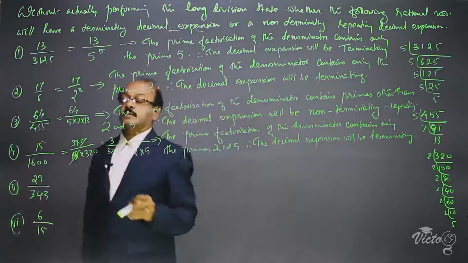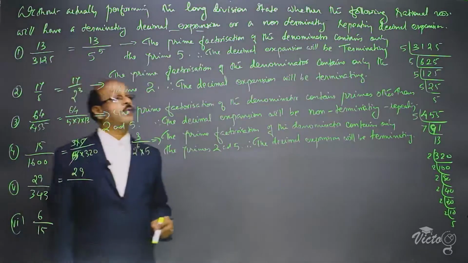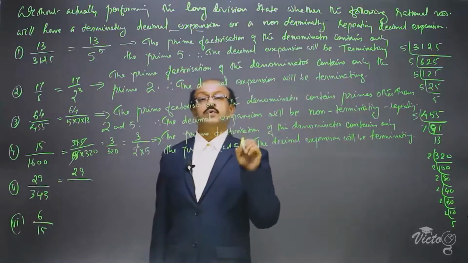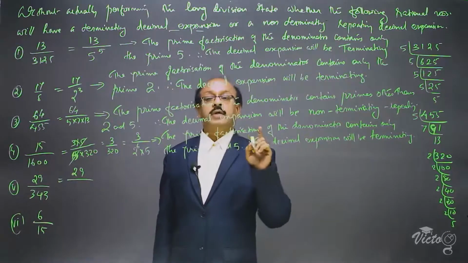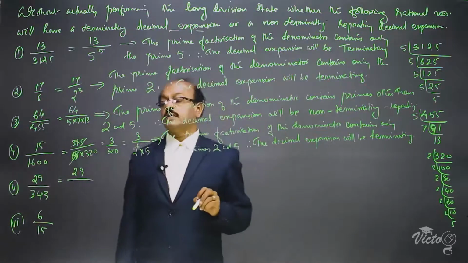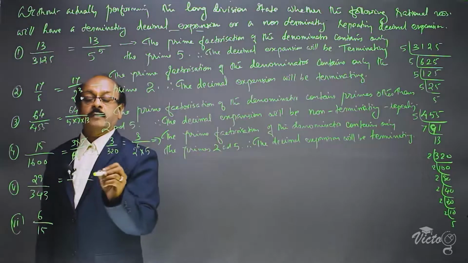Next one is 29 divided by 343. The prime factorization of 343 is 7 into 7 into 7. That means 7 cube is 343. Therefore, it is 29 divided by 7 raised to 3.